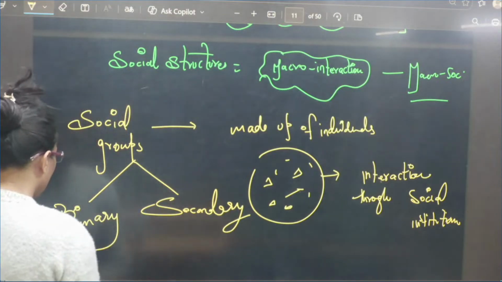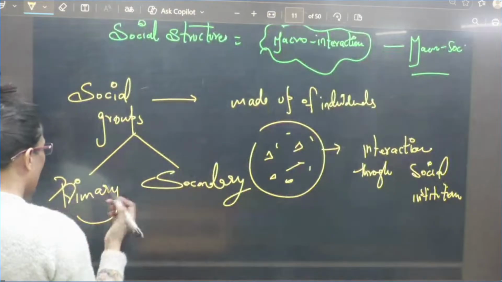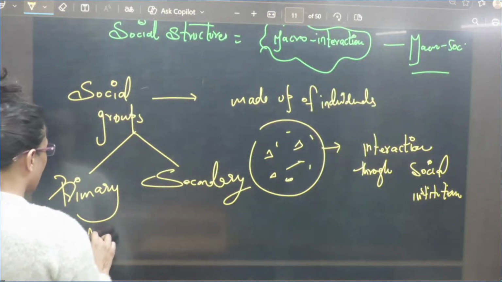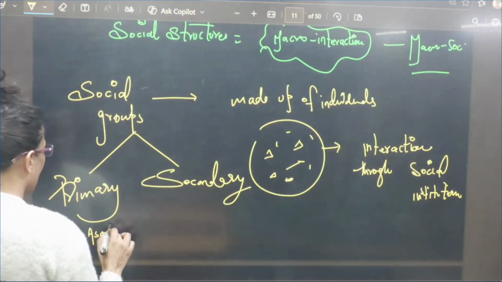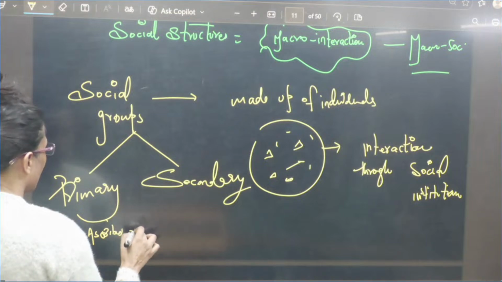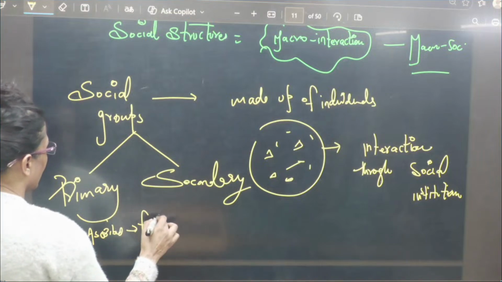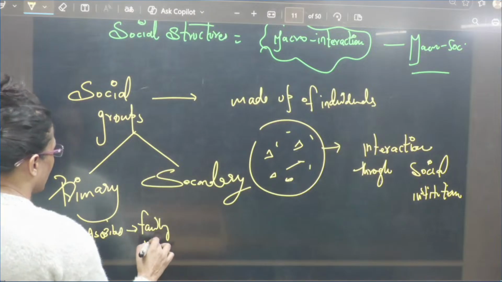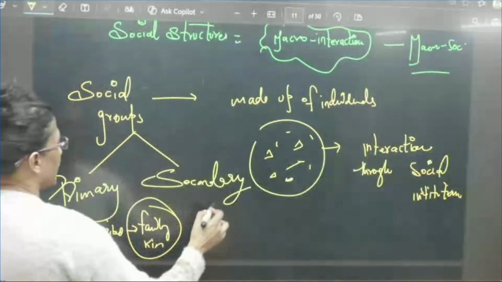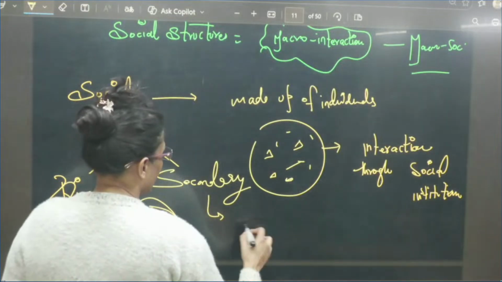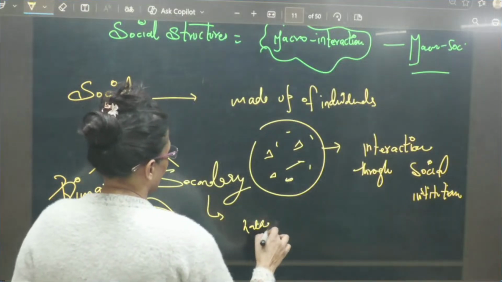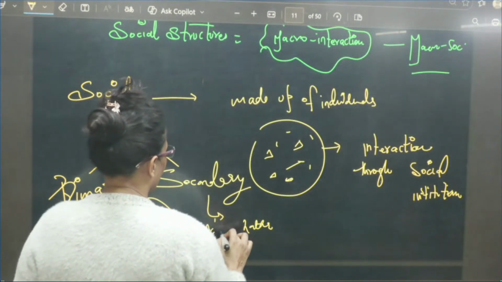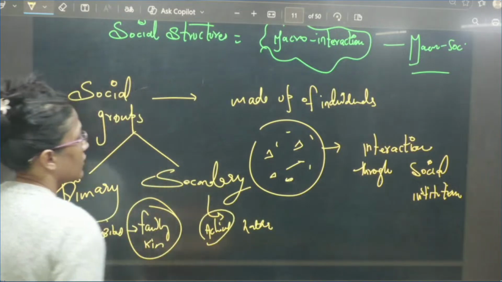Primary is the group that you get by birth, like ascribed. Ascribed means by birth, like your family, your kin members. Secondary, you choose at a later stage. Generally it comes at the achieved stage.